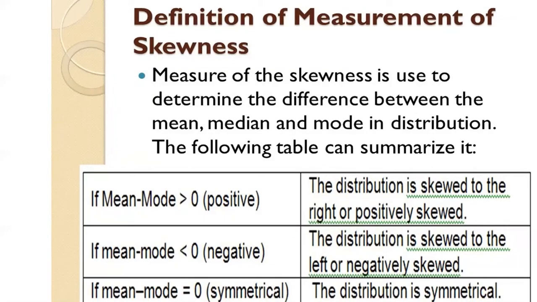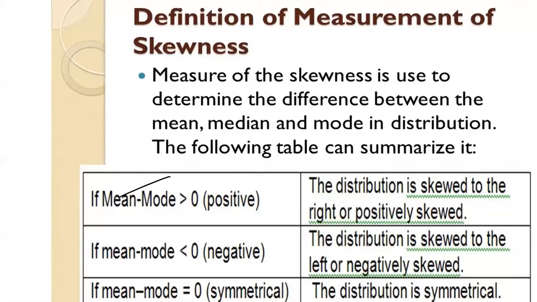If the difference mean minus mode is greater than 0, that is, positive, then the distribution is skewed to the right, or positively skewed. When mean minus median is less than 0, then the normal distribution curve will be skewed to the left, and it will be called negatively skewed.